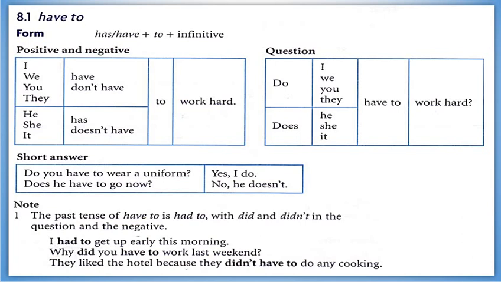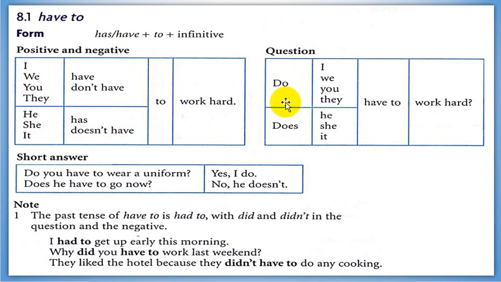Okay? In the past tense, using have to or have got to, have changes to had with all pronouns, the question uses did, and the negative uses did not, didn't. Use have to and don't have, has, doesn't have in positive and negative statements in the present tense.